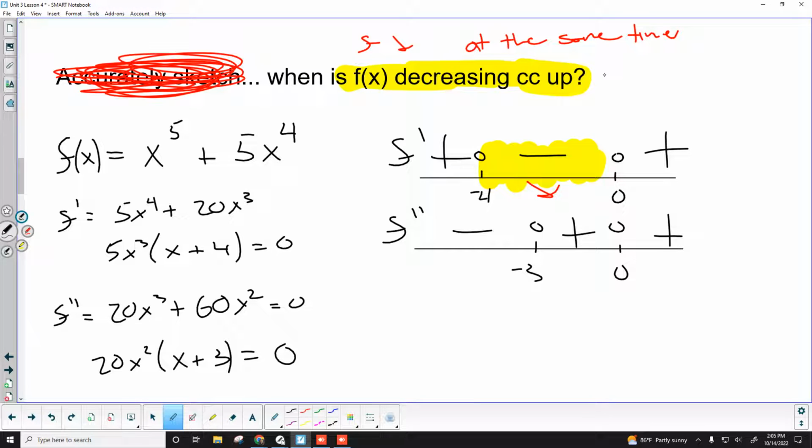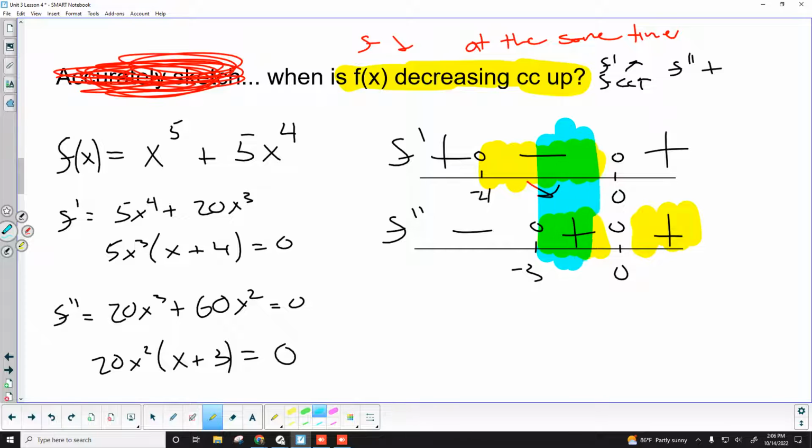F is concave up when F prime is increasing or when F double prime is positive, so you paid attention to this interval and this interval. The question is when are you decreasing and concave up? So where do you overlap? Right there. That's how we get the answer -3 to 0.